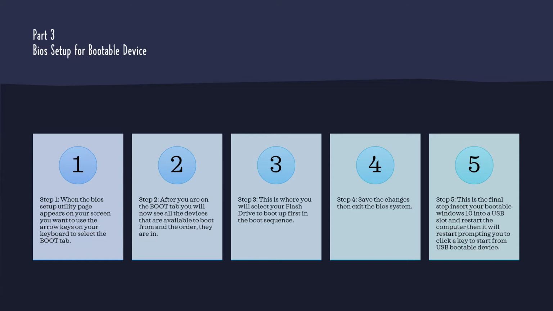This is where you will select your flash drive to boot up first in the boot sequence. Step 4. Save the changes and exit the BIOS system. Step 5. This is the final step. Insert your bootable Windows 10 into a USB slot and restart the computer. Then it will restart, prompting you to press a key to start from your USB bootable device.